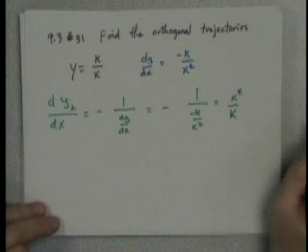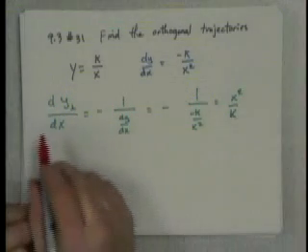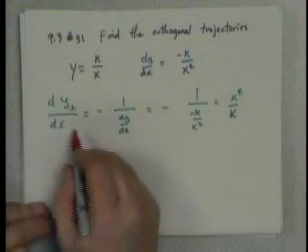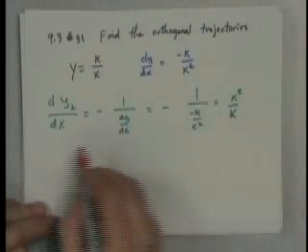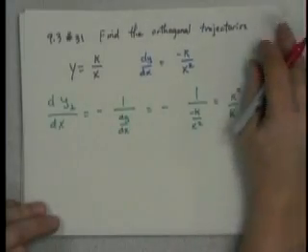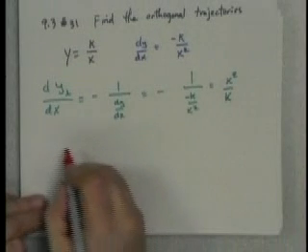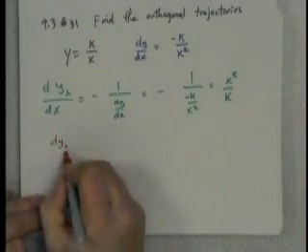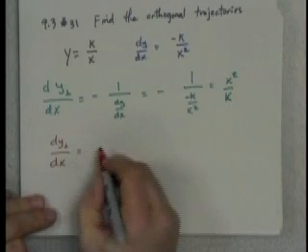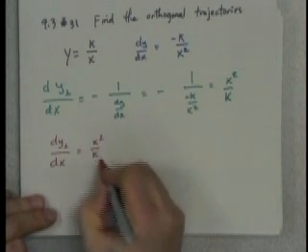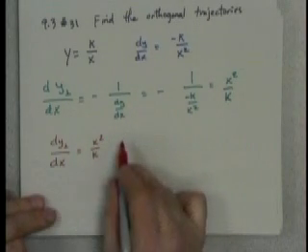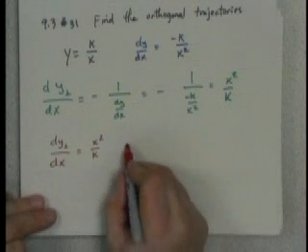Okay, so now we want to solve this. So I have dy perpendicular over dx equals x squared over k. I'll just put the differential dx on that side.